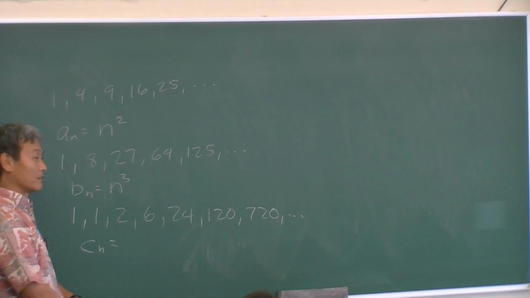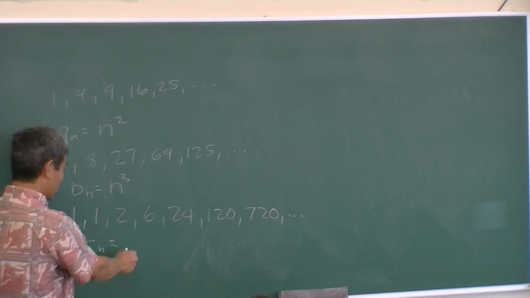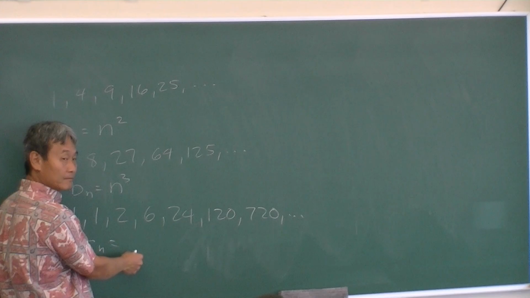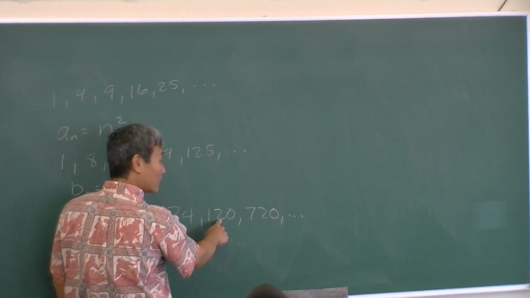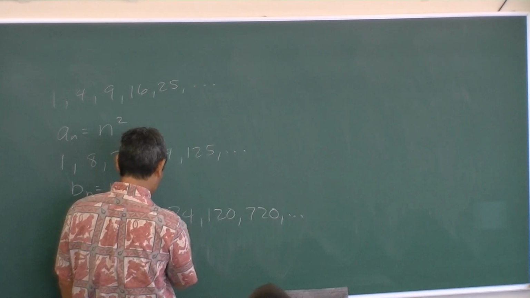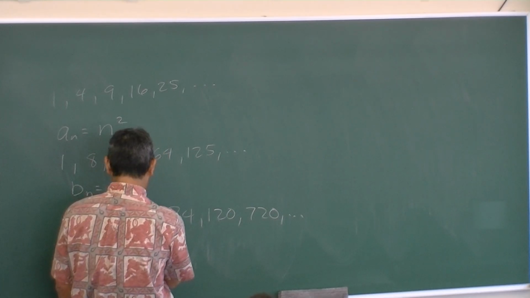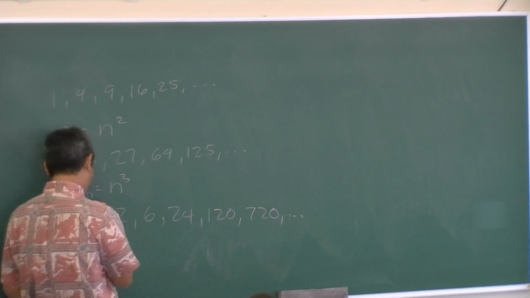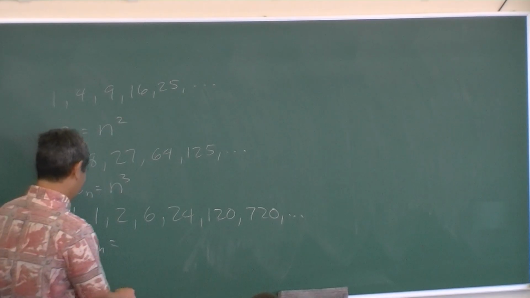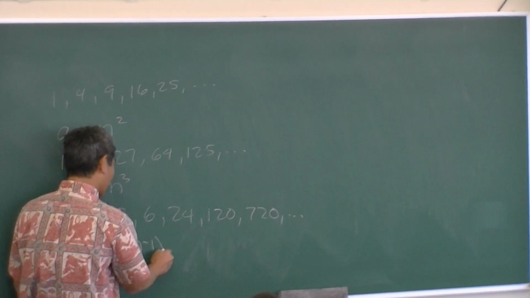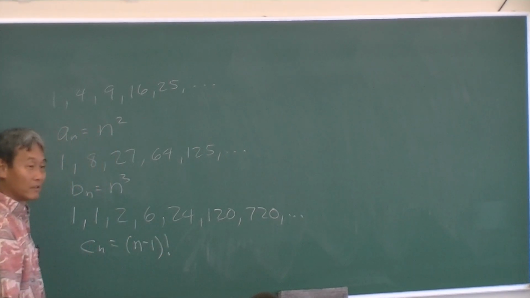So what's the formula? Okay, look, this is 5 factorial, 4 factorial, 3 factorial, 2 factorial, 1 factorial, 0 factorial. There you go. N minus 1 factorial.